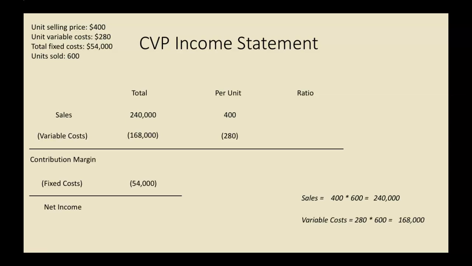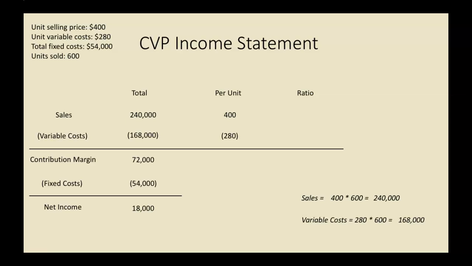Sales minus variable gives us our contribution margin. So 240 minus 168 gives us this contribution margin of $72,000. Then we can subtract out our fixed cost of $54,000 to see that we made a net income of $18,000.